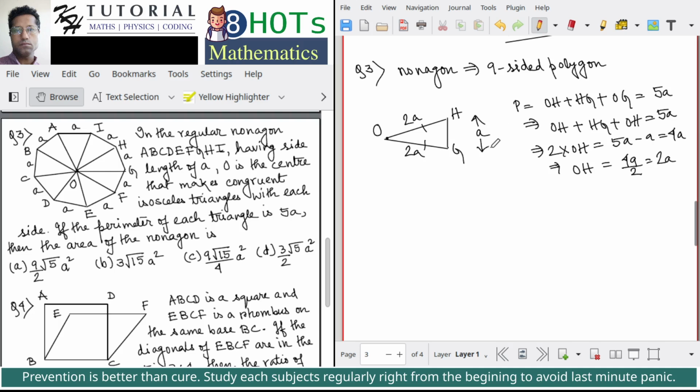We have to find the area of this entire regular nonagon. One concept I have already discussed in the theoretical video on how to find the area of regular polygons. I said that there are two methods.